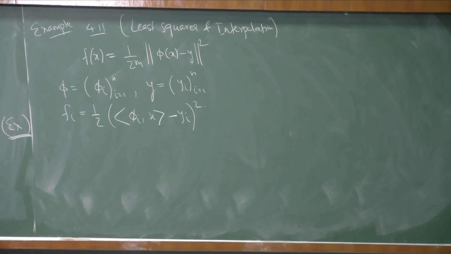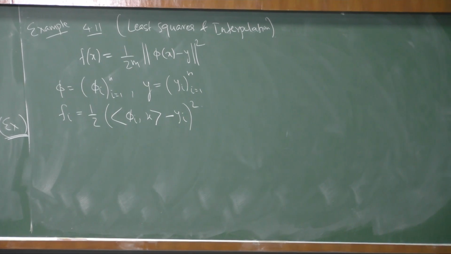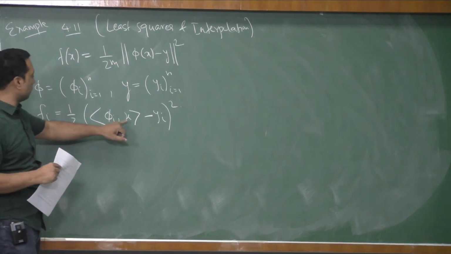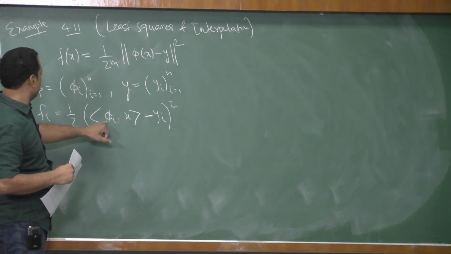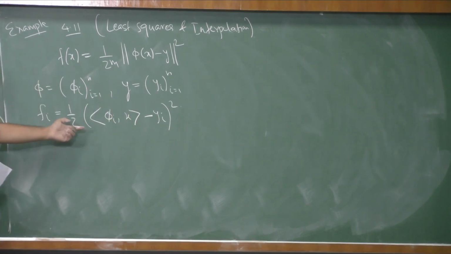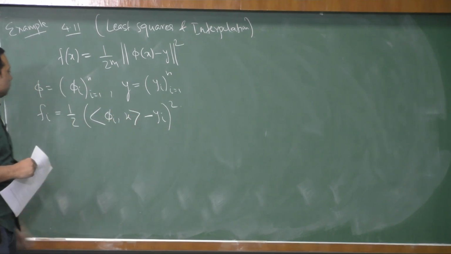So I can construct an f_i, and then the sum of these f_i's must give me the f(x). In this case, for the interpolation to hold, what we are looking for is an x star for which this becomes minimum. The minimum value of a square is when the argument is 0.